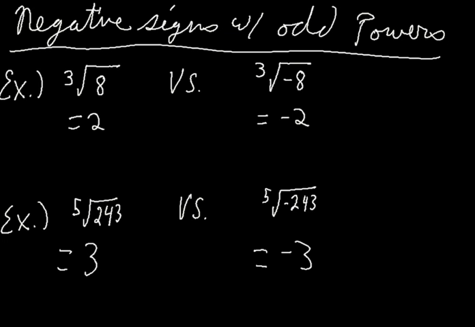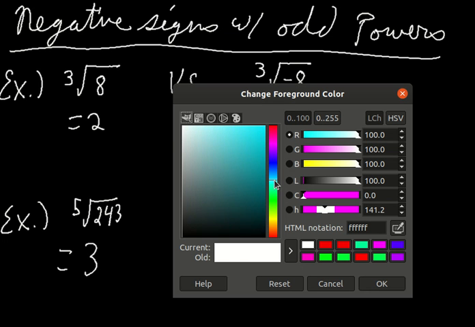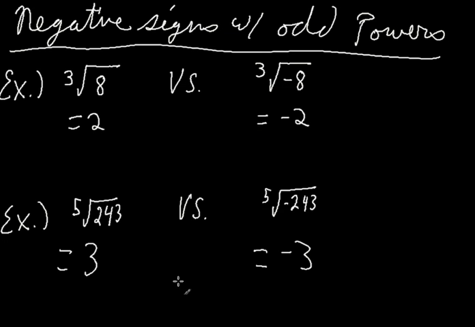To show you, I'm going to use a different color, just in case that's still confusing. For the cube root of negative 8, negative 2, negative 2, negative 2 is negative 8 because you have an odd amount of negative signs.